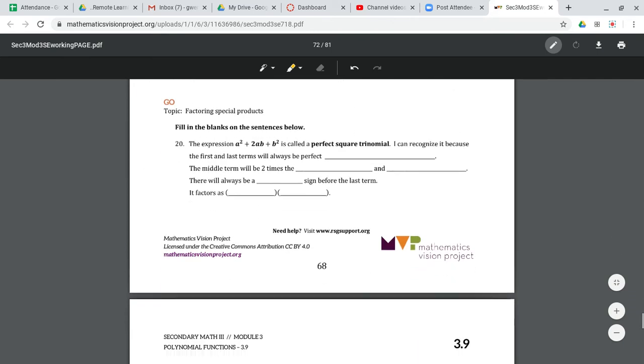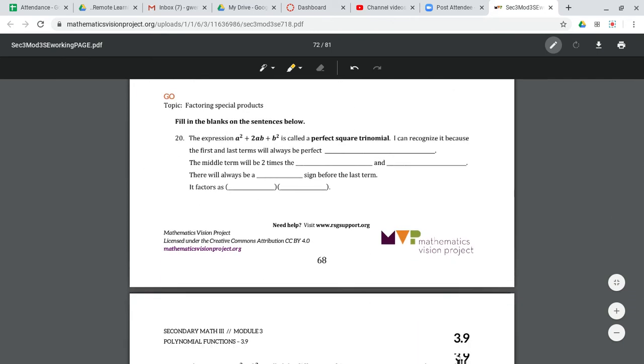All right, for this next section, the expression a squared plus 2ab plus b squared is called a perfect square trinomial. I can recognize it because the first and last terms will always be perfect squares. The middle term will be 2 times the, remember we just talked about this, first and last terms.